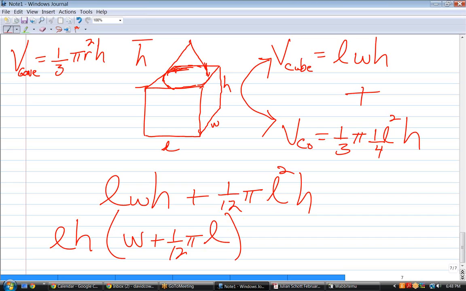When you are done factoring, always multiply it back together to make sure you got what you started with. In other words, if I distribute this LH to this quantity, I end up with LHW plus 1/12 L squared pi h. And that's what I started with.